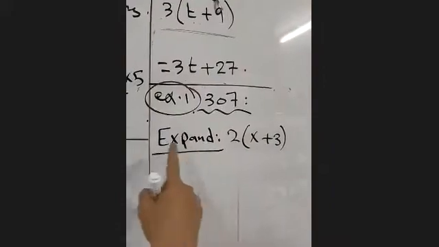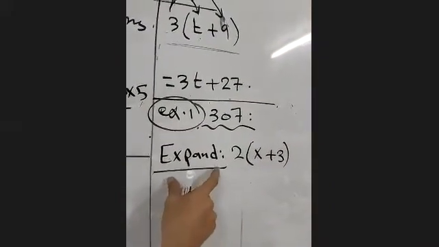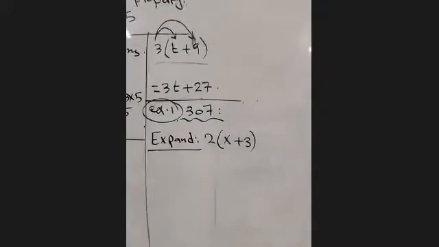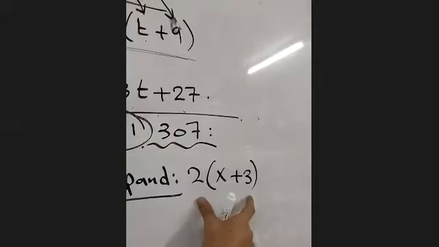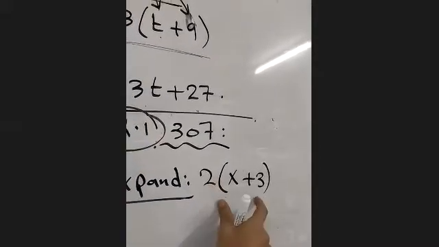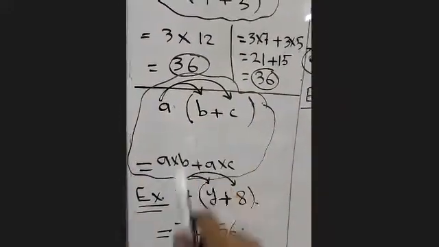This word, guys, expand. Focus on this word and don't forget it in our next exam. Expand means to distribute, to find the answer, to multiply the 2 with the bracket, to apply the distributive property, which we did here, and this is the formula of it.